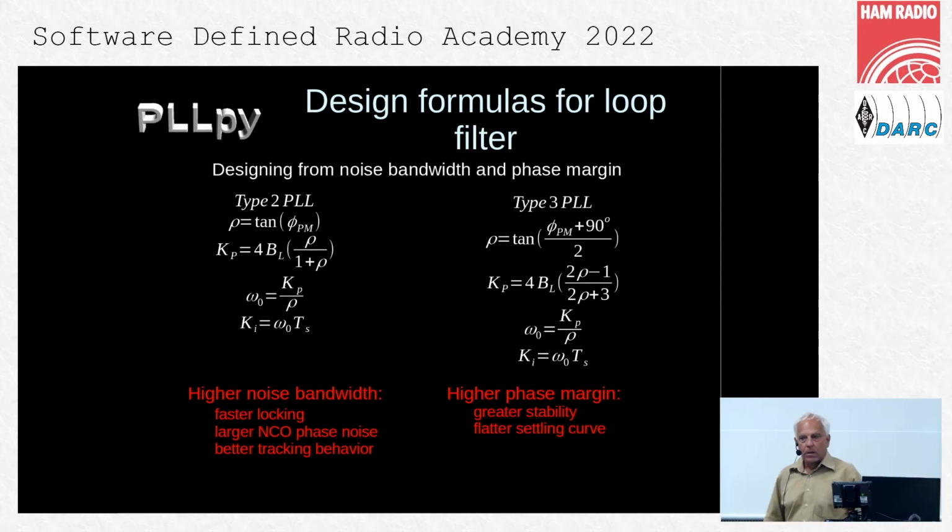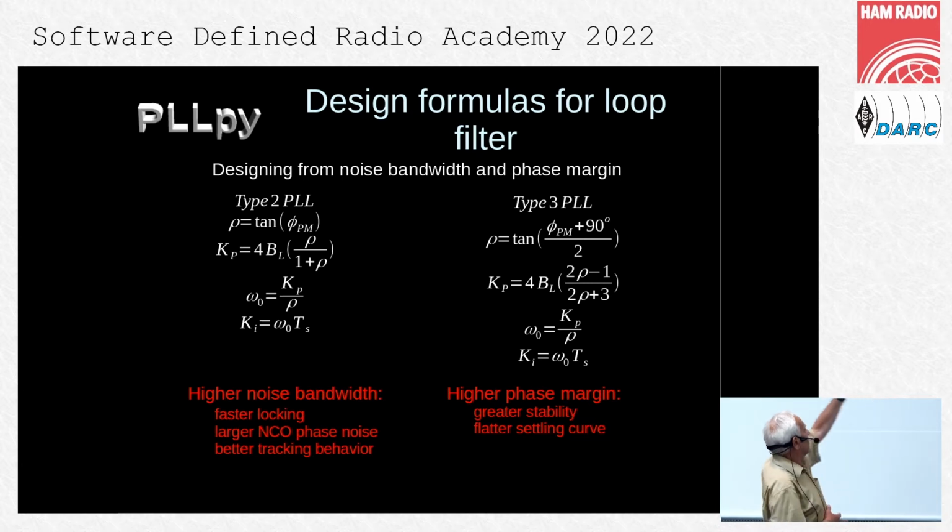Usually we use the noise bandwidth and the phase margin as the input parameters for the loop filter design. Here you could see the expression you could use.